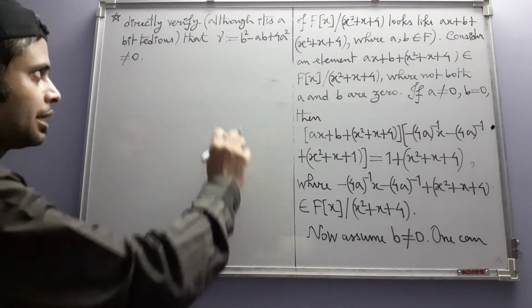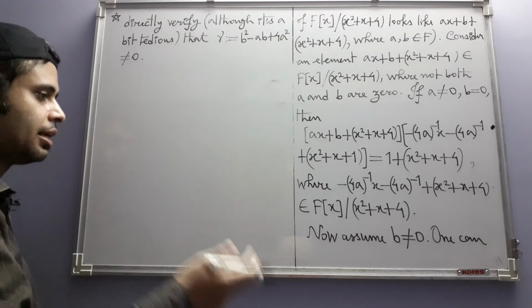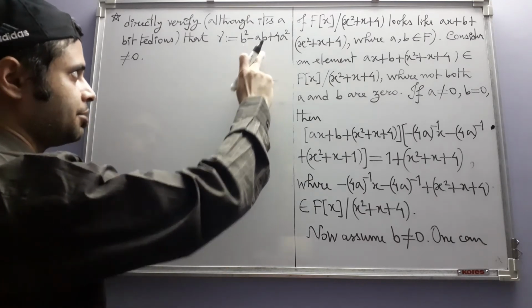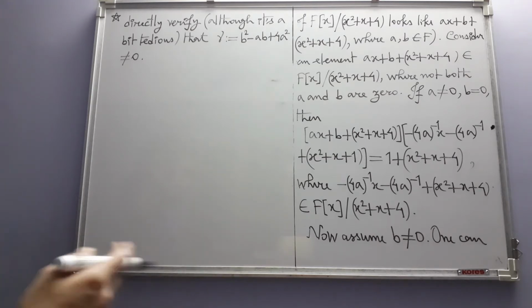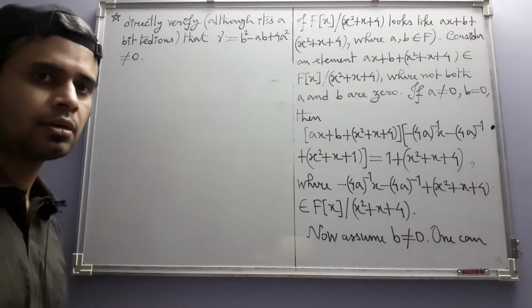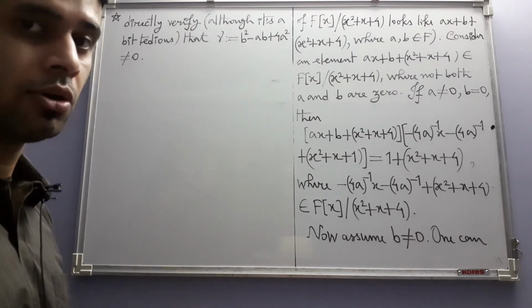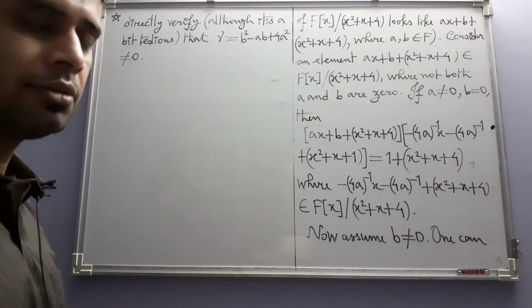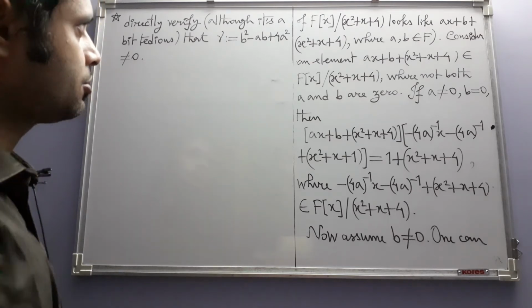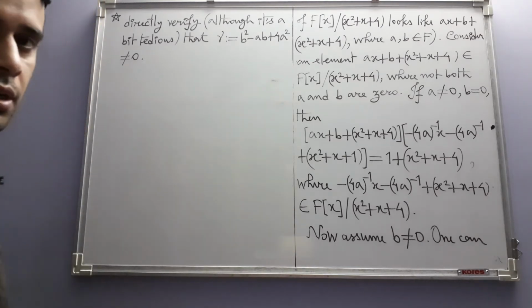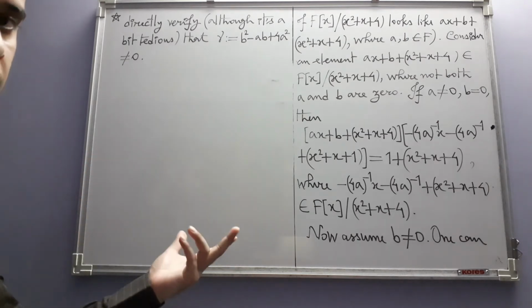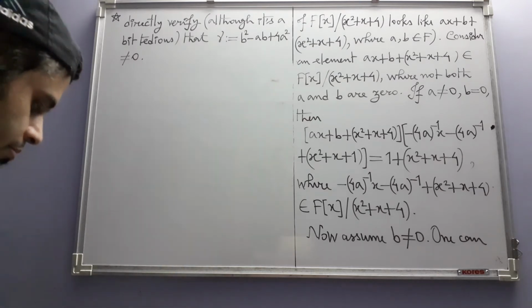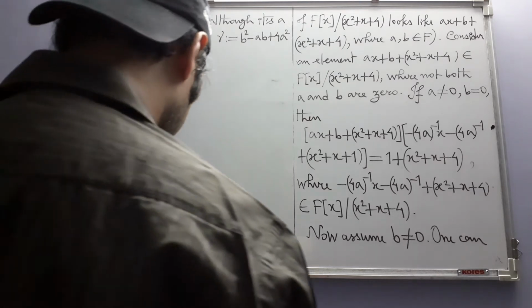But you can see that although there are 11 choices, if you independently choose a and b, it will be very big, which however you can take the help of a calculator, or websites are there which do modulo calculations. There you can quickly verify that for all such choices this is a non-zero field element, and we need this in our inverse element, inverse coset, and the inverse is this.